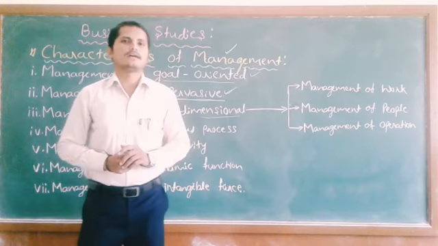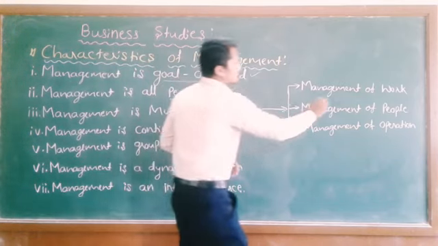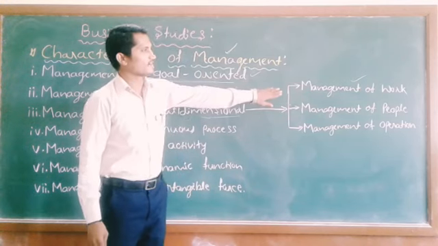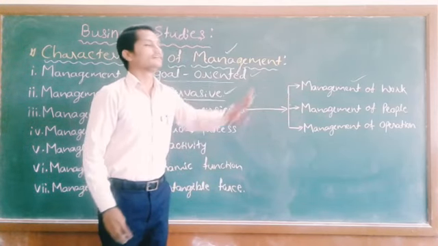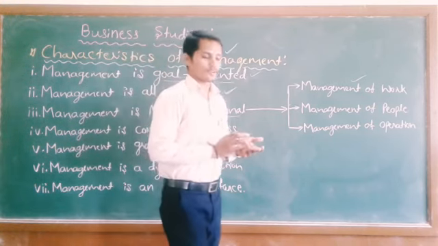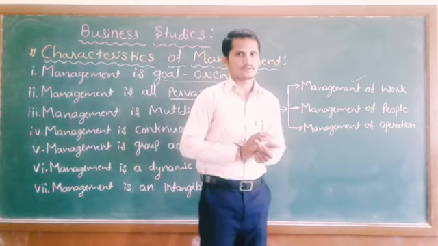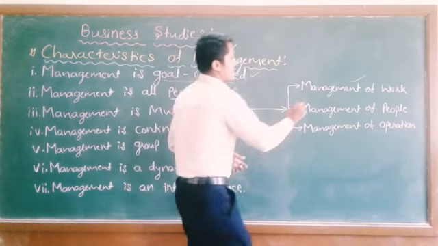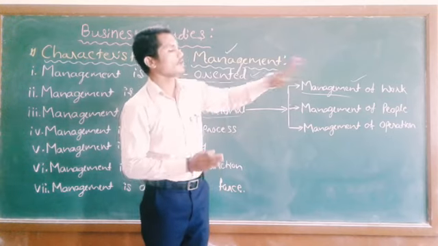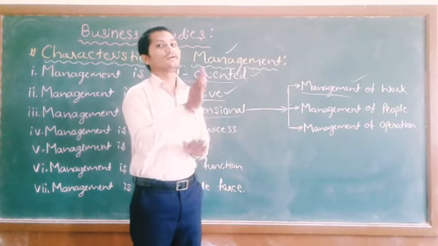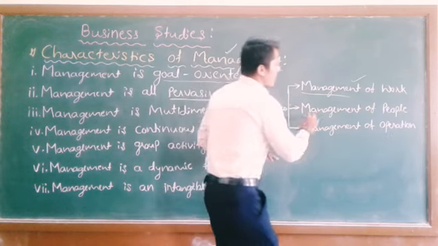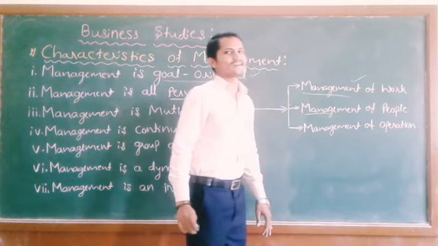If you talk about management of work, here the work is handled or maintained in factories or any industry sectors. That means management concentrates highly on the work, on how the work should be done. Clear? Then after that, management of people.